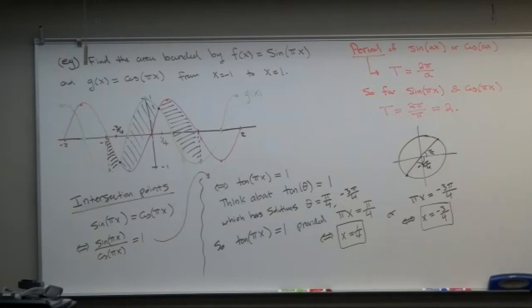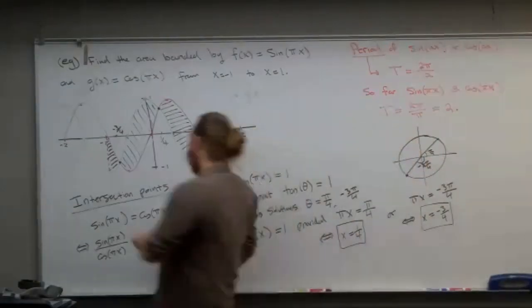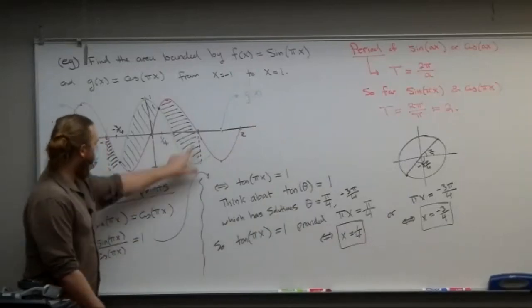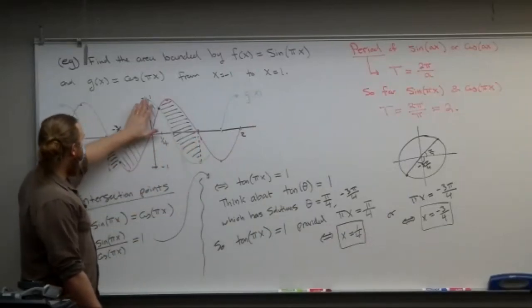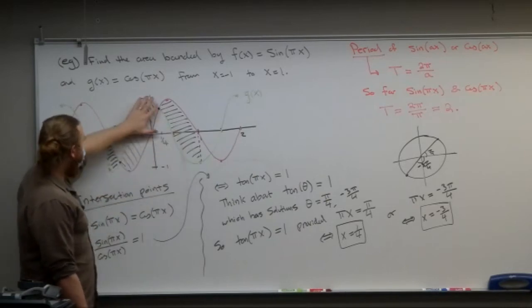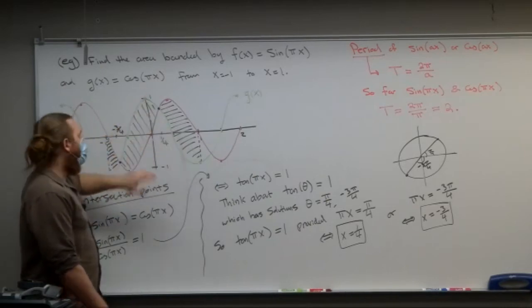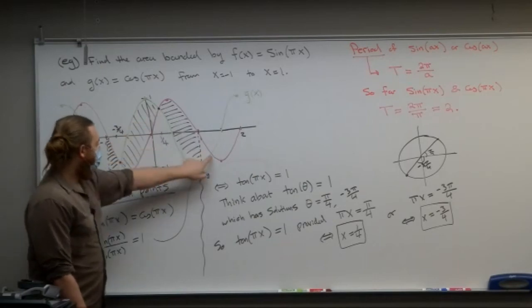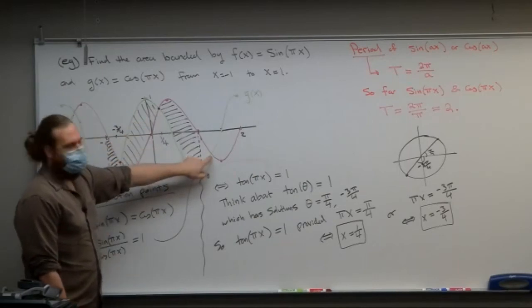And we would say this is right here by symmetry. Again, what I'm doing is taking this piece and moving it over here, and noting that the two resulting pieces are the same size. So if I want the total area, I could just calculate this guy and double it, or I could calculate the integral from 1/4 up to this intersection point, which would be 3/4, and double it.